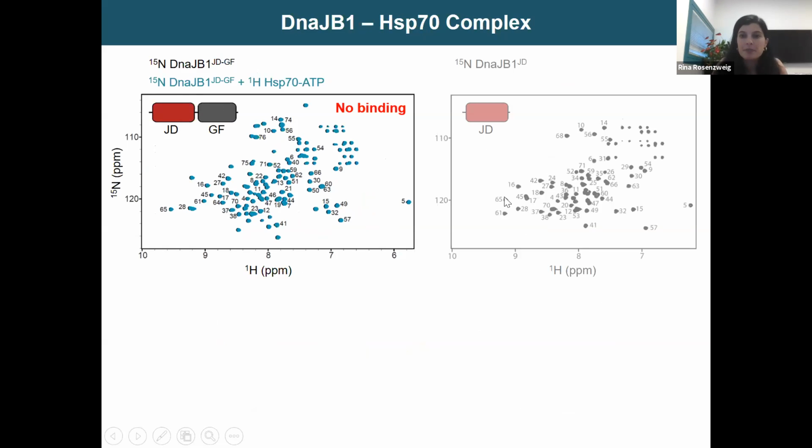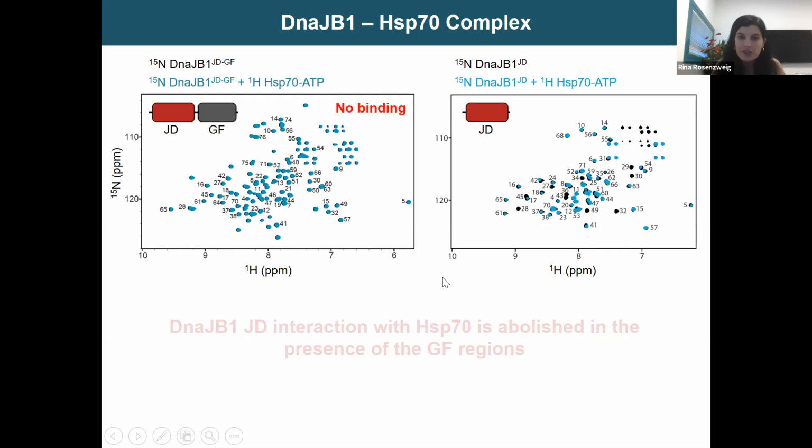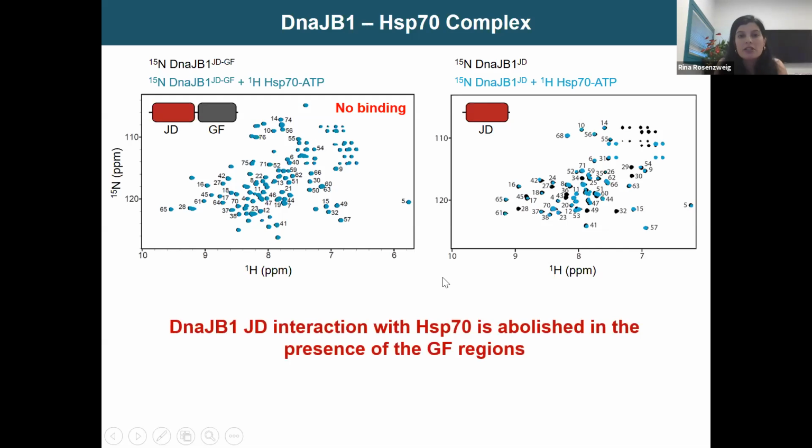And this was particularly surprising because if we now repeat the binding experiment using the J domain of DNAJB1 without the GF region, we get a really beautiful binding. So there is something about this GF disordered region that somehow abolishes the ability of the class B DNAJB1 J domain to interact with HSP70.